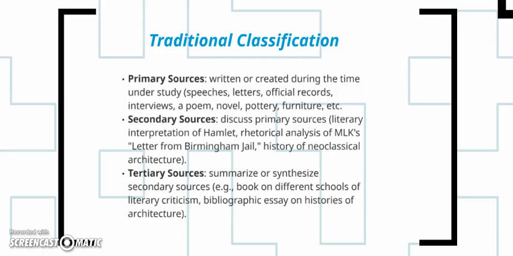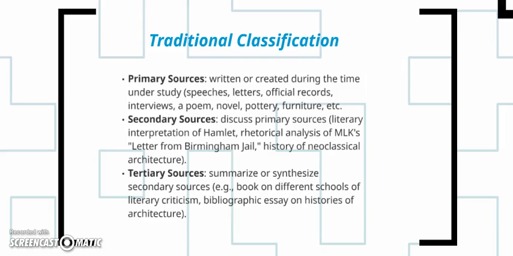Here's an example where you're looking at artifacts and not just texts. Your rhetorical analysis is a secondary source, because if somebody wanted to know more about the Obama bin Laden speech, they could read your rhetorical analysis to gain some insight on that speech's meaning and effect.